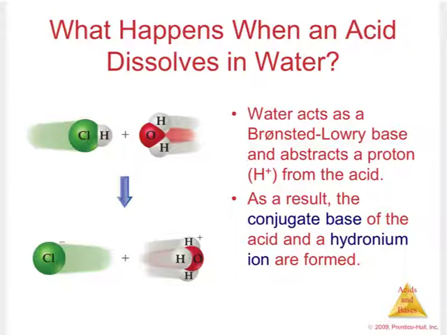But when dissolving hydrogen chloride, it's going to behave as a Bronsted-Lowry base. It's got two unshared pairs of electrons on the oxygen that will attract the hydrogen away from the hydrogen chloride. When the hydrogen moves over to the water molecule, it forms a hydronium ion, often expressed as just a hydrogen ion, H+. And what's left is known as the conjugate base of this acid, or the chloride ion.